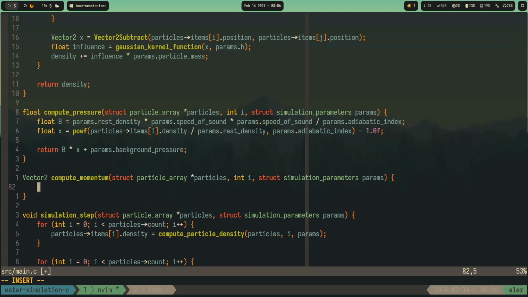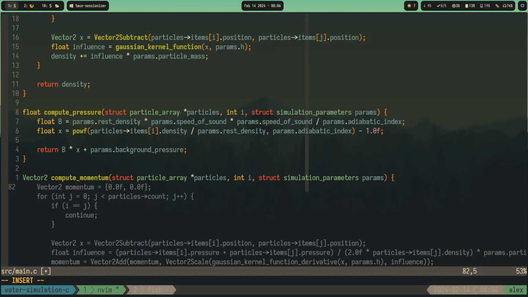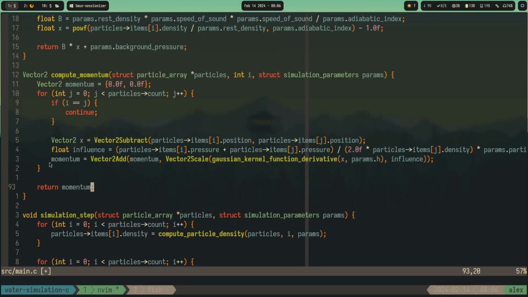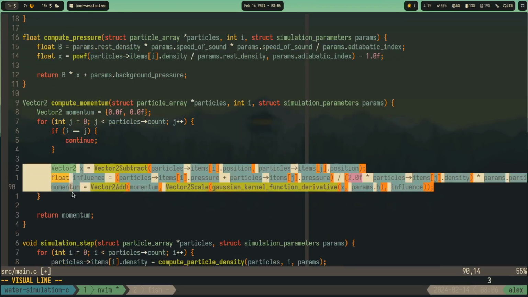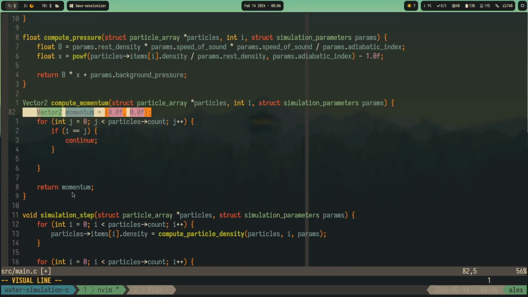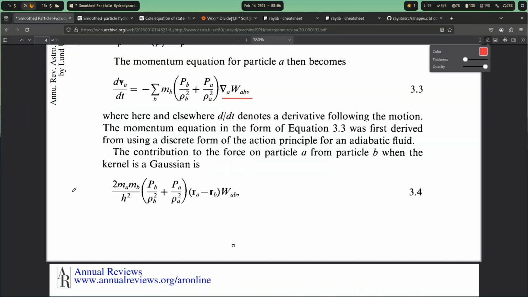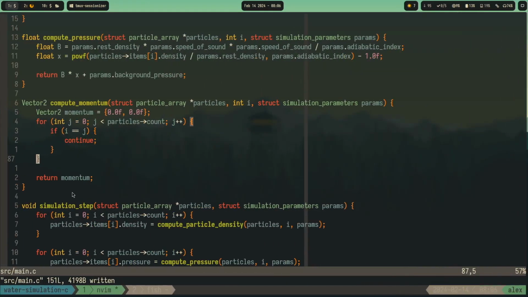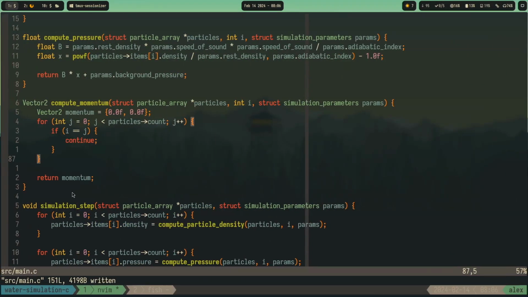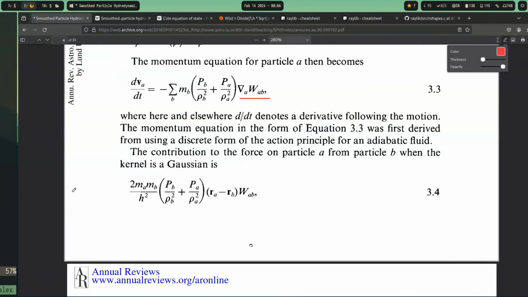So wait, yeah, we need to do a for loop. Okay, let's delete that. So we need to get the momentum and return it. We need to iterate over all the particles first of all, and we need to get the pressure. Oh, we have the pressure. We have it in the particle itself.